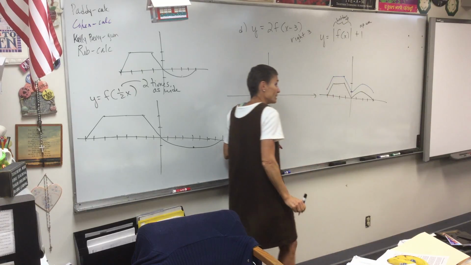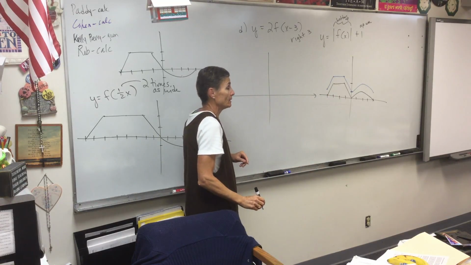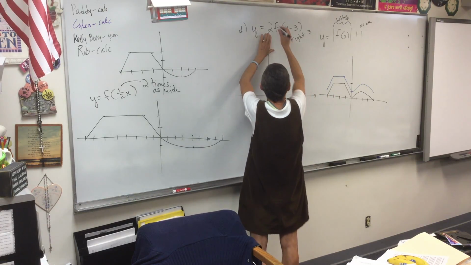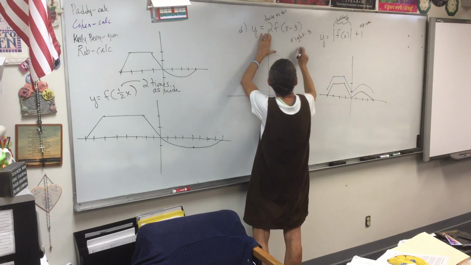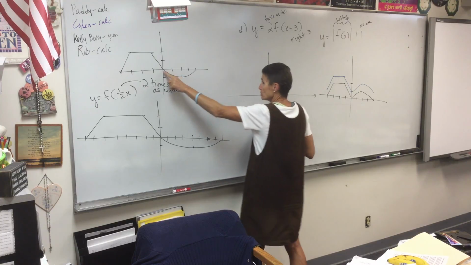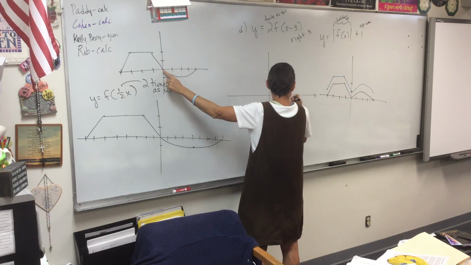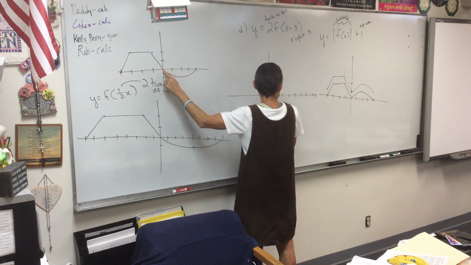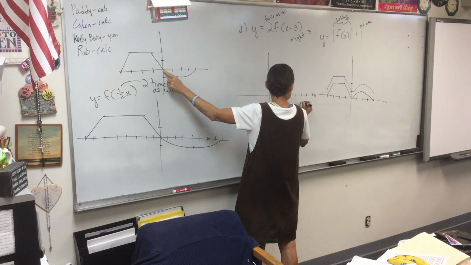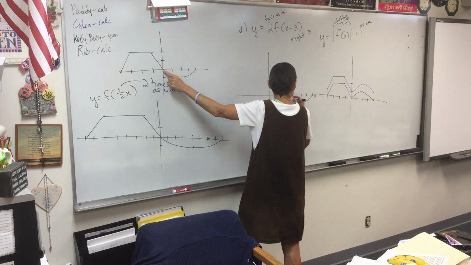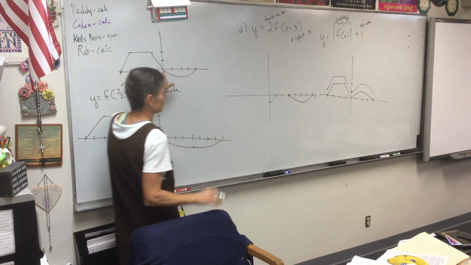What is this going to do? Twice as tall. All right, so I'm going to go right 3 first, which means my circle that used to start at the origin now starts over here at 3. He's the same size, but he starts over at 3.